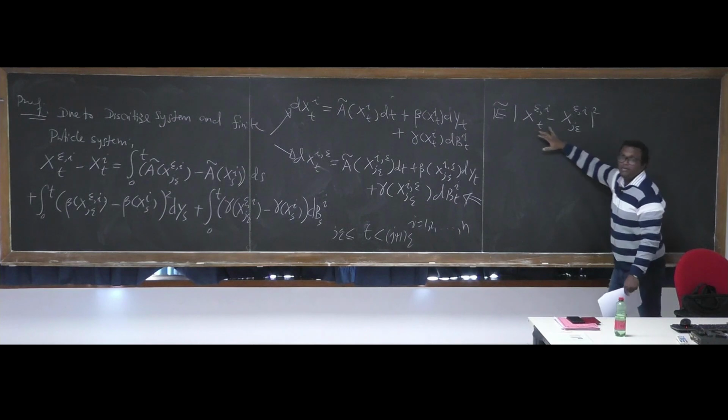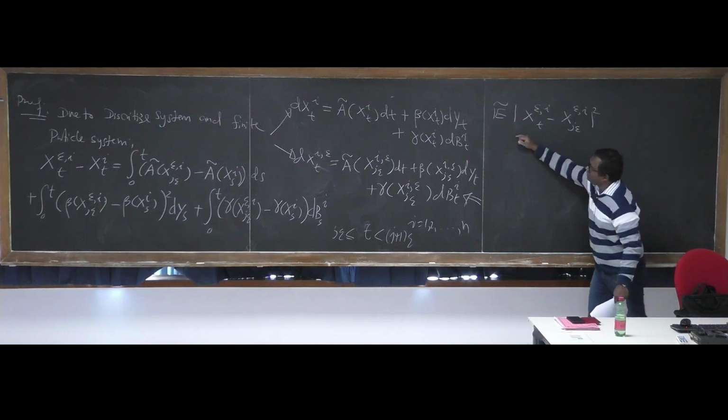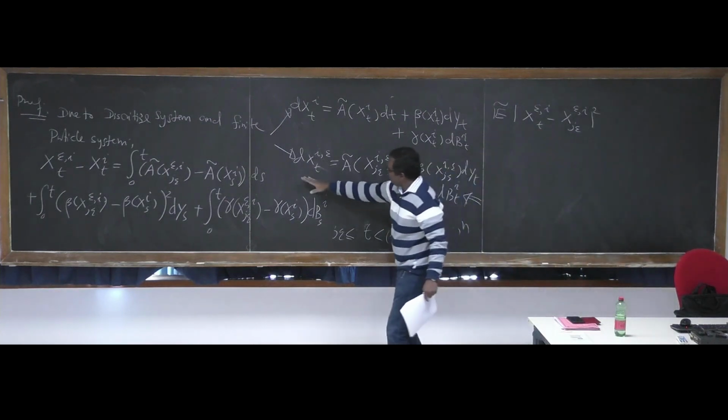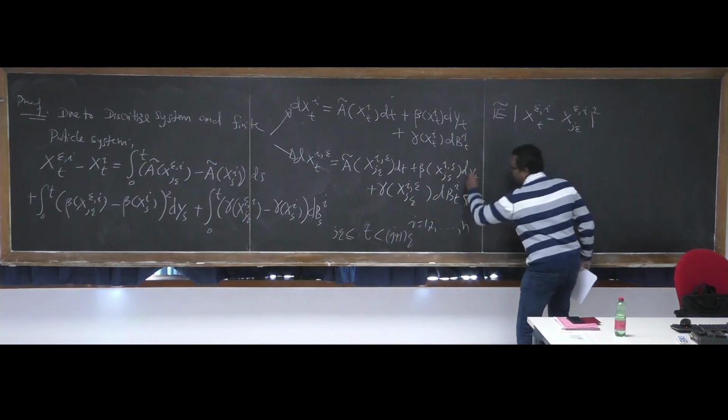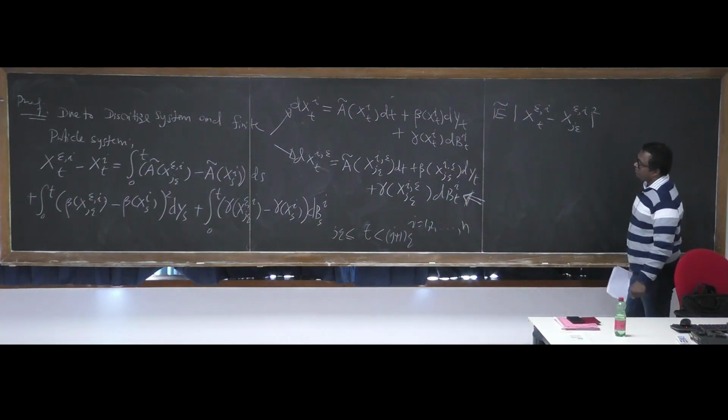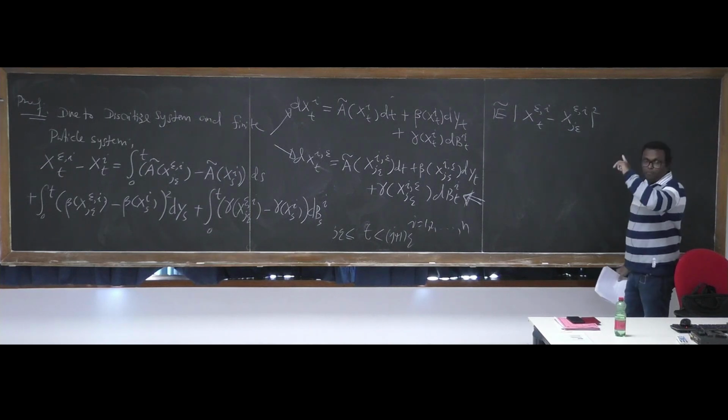This estimate you can easily get by integrating this equation from j epsilon to t.